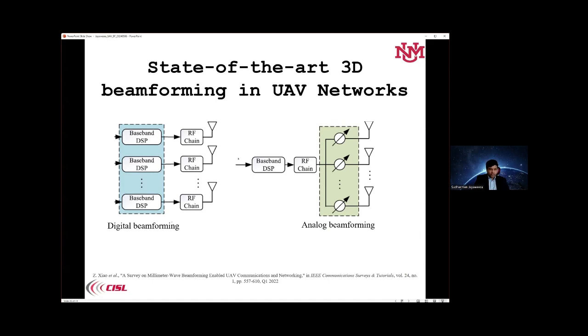The disadvantage of digital beamforming is that for each of the elements in the antenna array, you need a separate RF chain, because each digitally weighted signal has to be upconverted separately. Similar to the 2D case, in analog beamforming, you will use only one RF chain, because you're going to do the RF conversion first, and then do the beamforming in the analog domain.